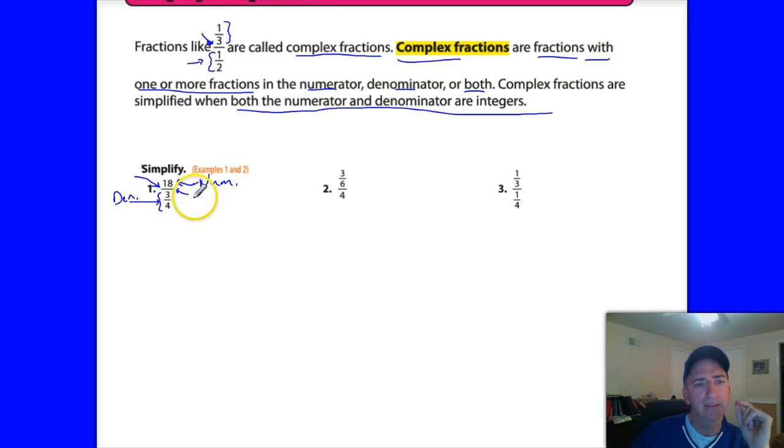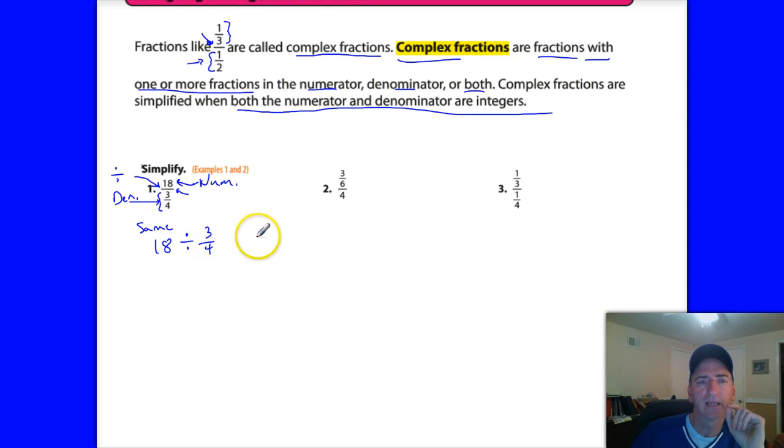That longer line means divide. You should know by now that a fraction is just the numerator divided by the denominator. So this problem is the same thing as 18, that's the numerator, divided by 3/4.